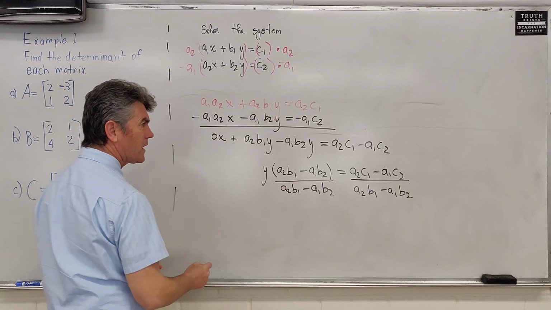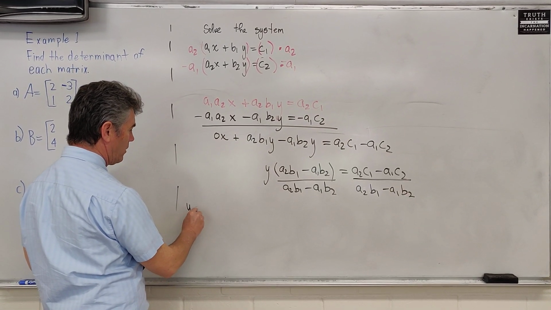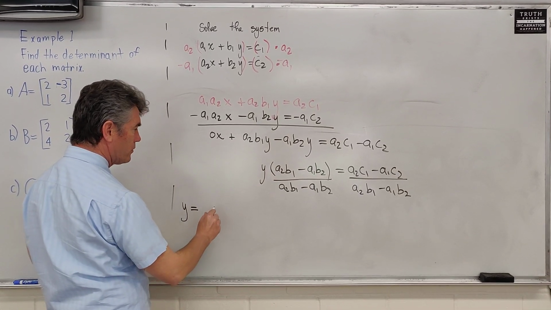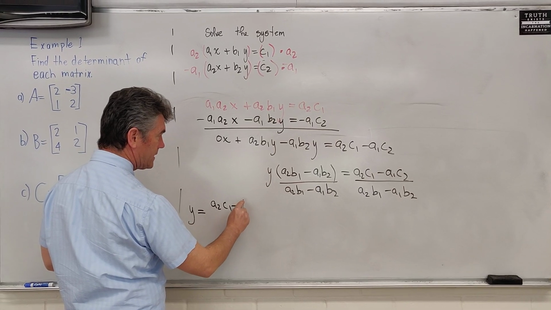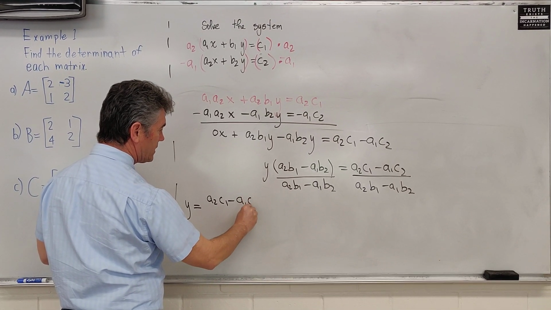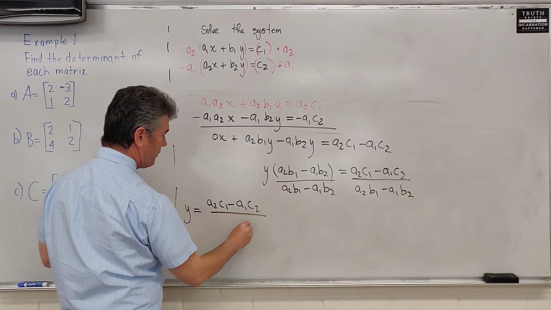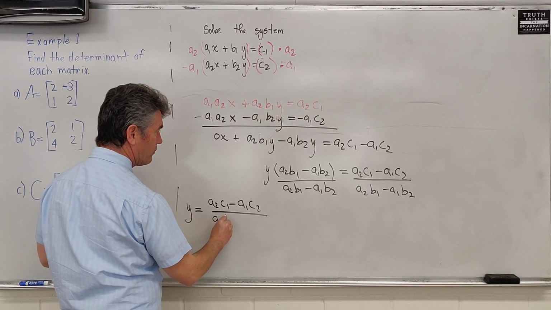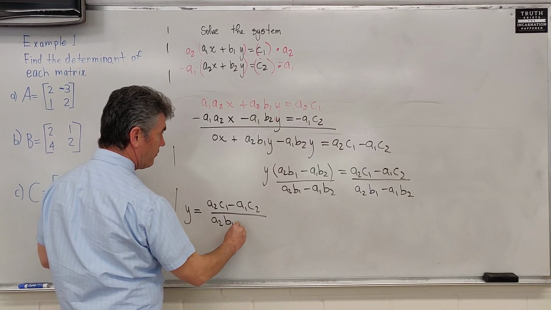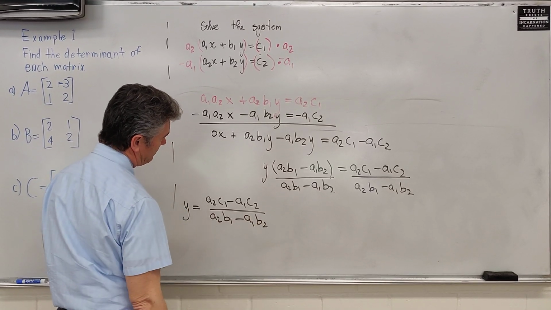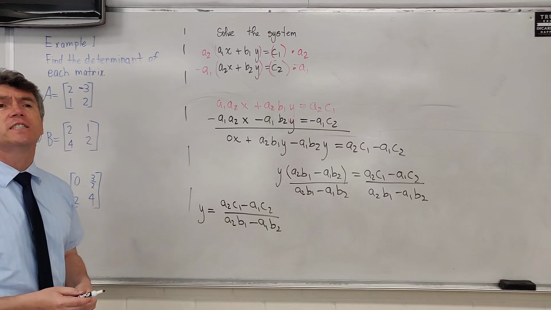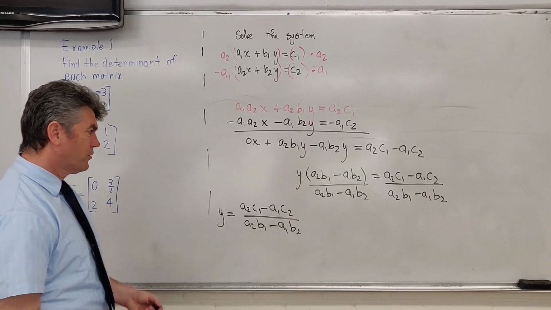So let's go to one side. y does not look pretty. y is equal to a sub 2, c sub 1 minus a sub 1, c sub 2 over a sub 2, b sub 1 minus a sub 1, b sub 2. I'm sorry about this. You'll see just a little bit later why I'm doing this.